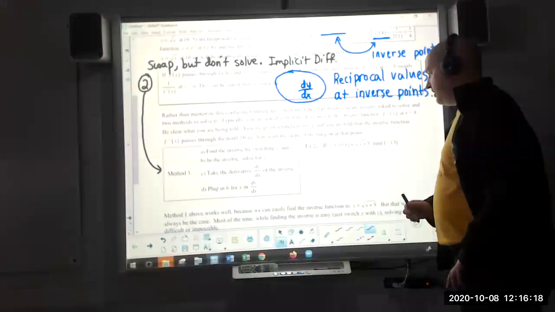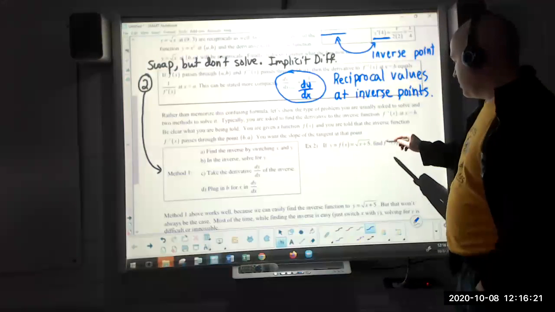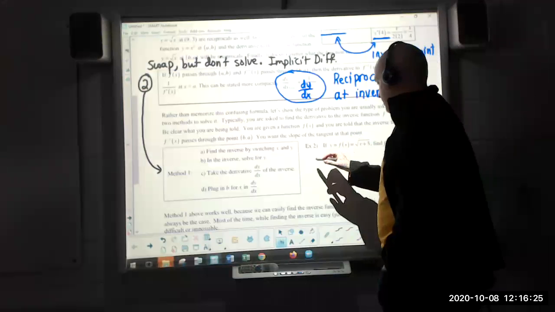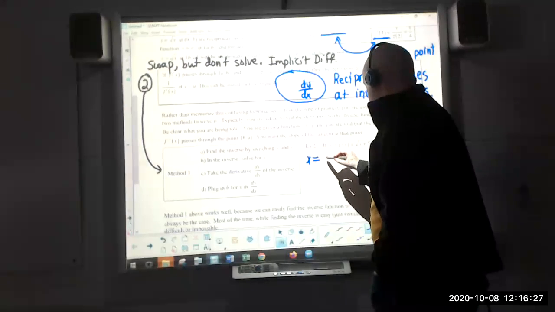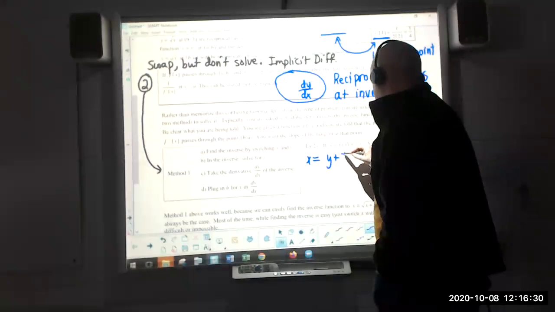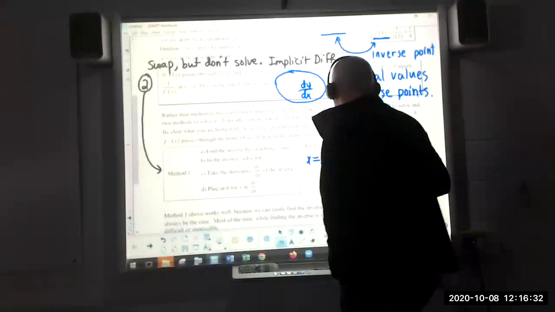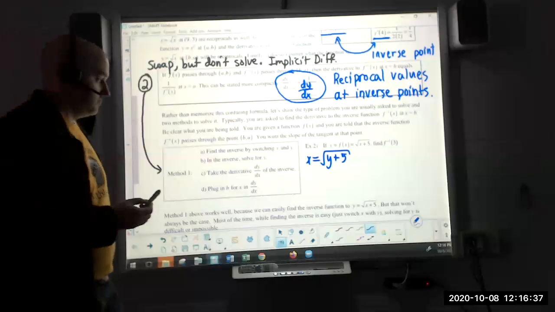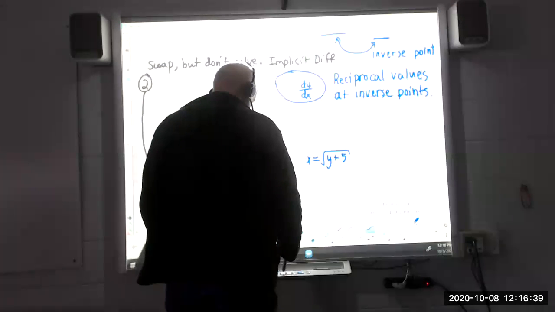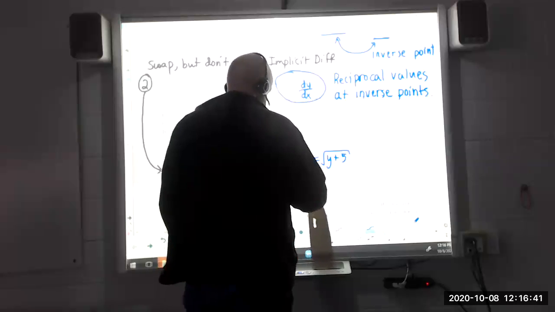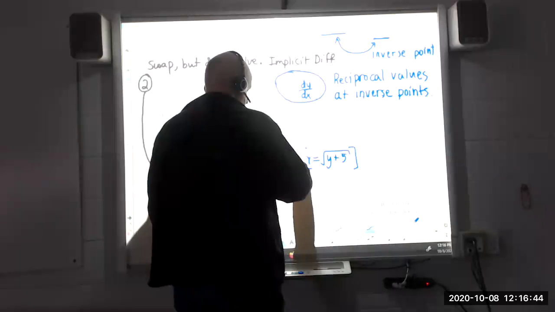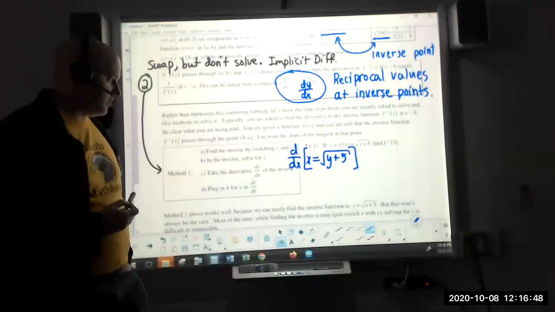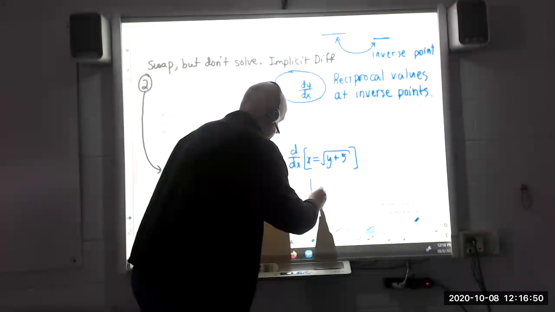So what does that look like? Well, if we're looking here at y equals f of x equals the square root of x minus 5, what we're talking about doing is saying x equals the square root of y plus 5, and differentiating right here. So if we differentiate with respect to x, on the left side, the derivative with respect to x of x is 1.